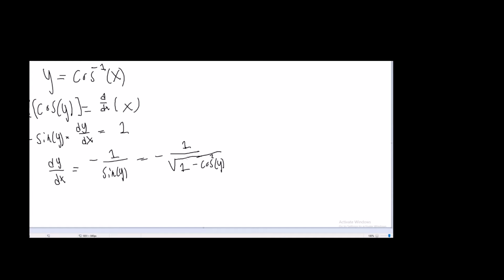And since y is just the inverse of cosine of x, this should of course just give us back minus 1 over the square root of 1 minus x squared.